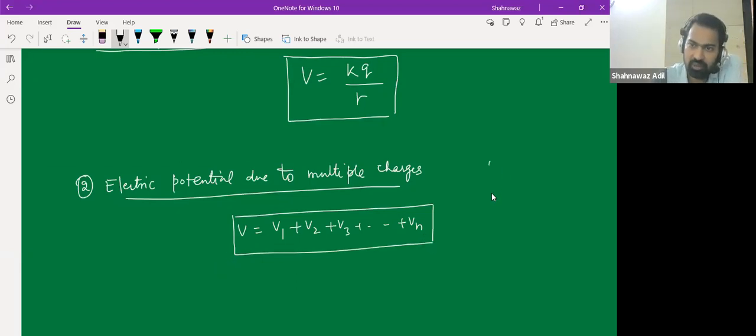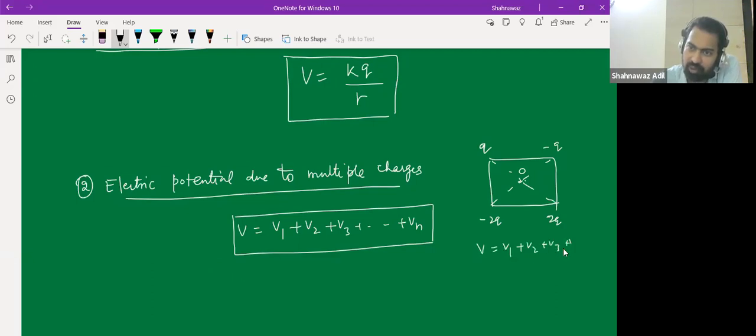So you did an example of this kind of question, right? So this was, let's say, Q, minus Q, or let's say 2Q, minus 2Q. And then you calculated the electric potential at a point. So now you have four charges. So V would be simply V1 plus V2 plus V3 plus V4. So this kind of distribution.